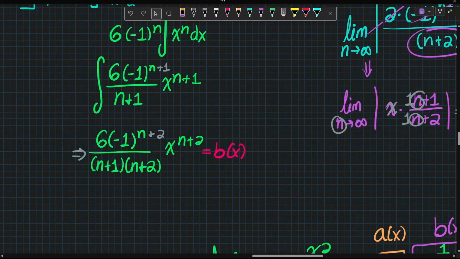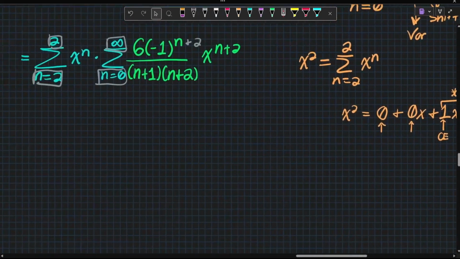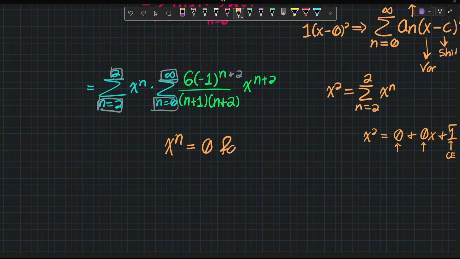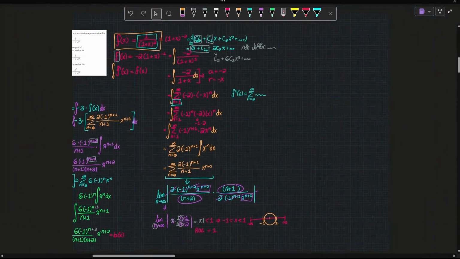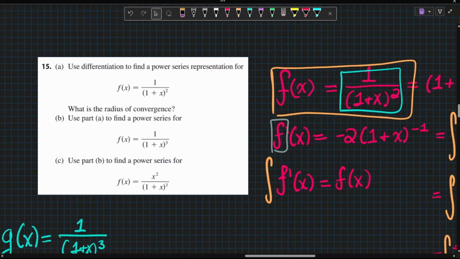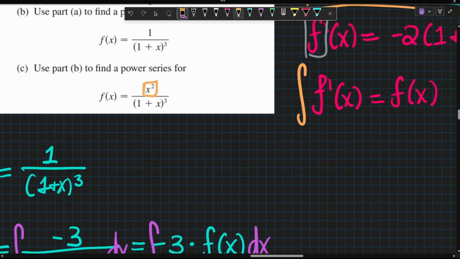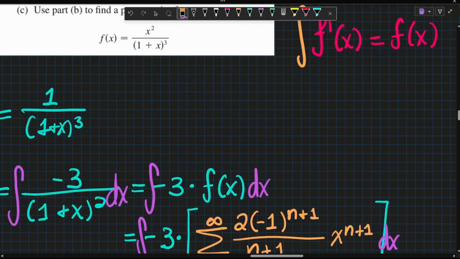What you have to recognize, again, is that the x to the n will be 0 for n equals 0 and n equals 1, right? Because literally here, you can see that this exponent begins at 2, right? So the terms x to the 0 and x to the 1 don't exist for a series expression of x squared, right?